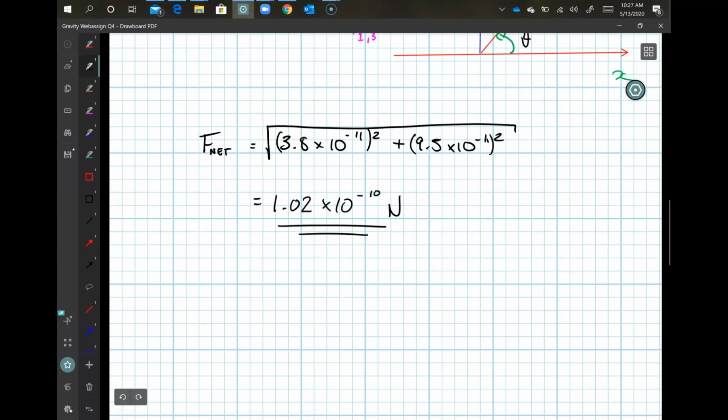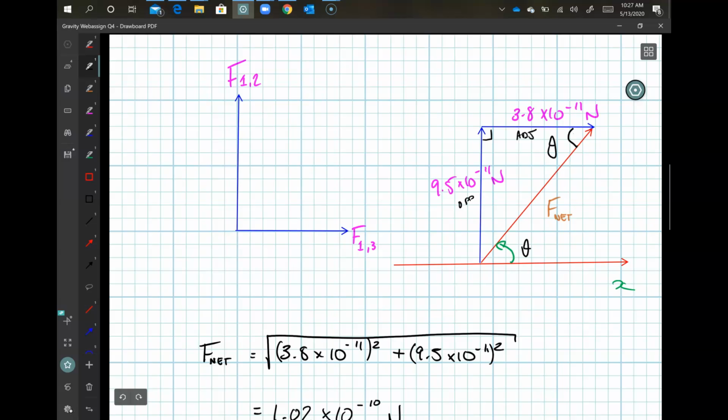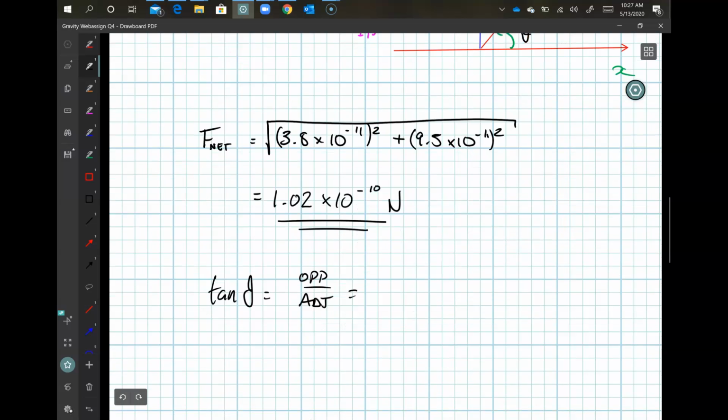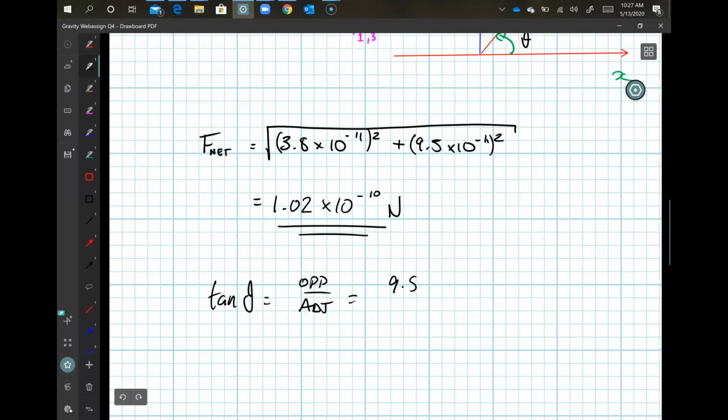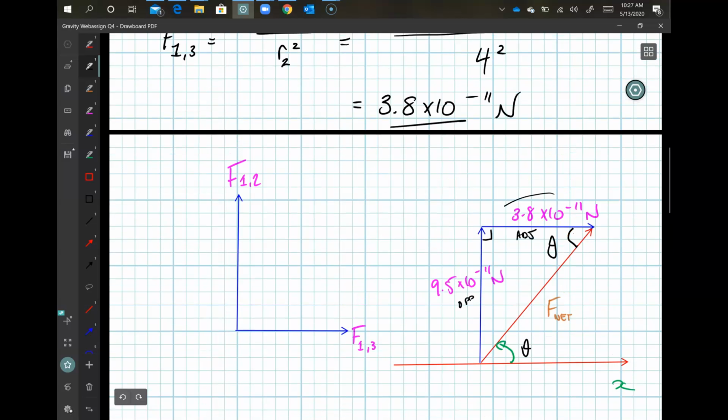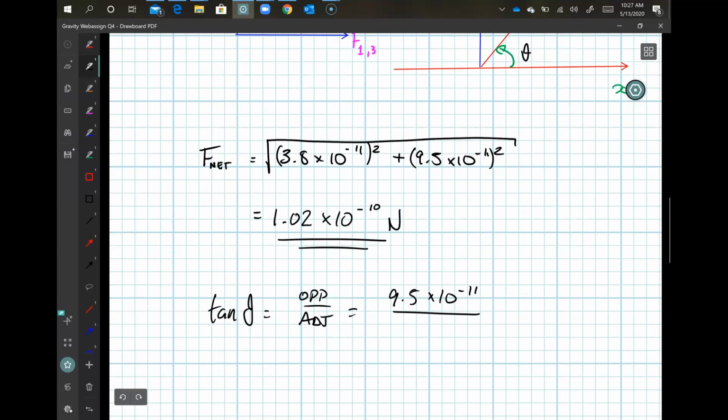So we can write that tan theta is opposite over adjacent, which in this case, opposite is that one, so 9.5 times 10 to the negative 11, and the adjacent is that one, so 3.8 times 10 to the negative 11.